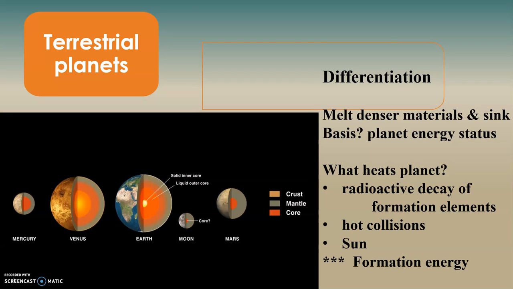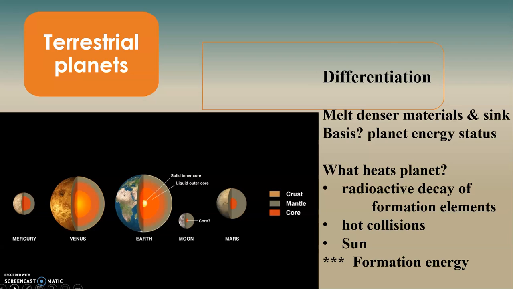And the sun is continuously shining and providing some melting as well. And you have the formation energy of the material that is coming together to form these planets. So all of these can melt denser materials and cause them to sink lower toward a core. Let's talk about which of these elements is most important and most long-lasting.